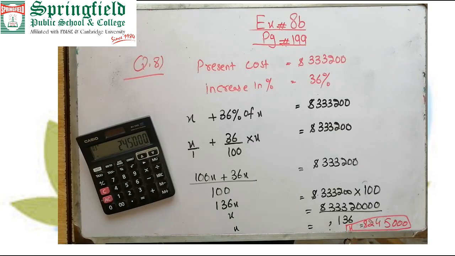And this is the starting cost. This was the starting cost. Understood, beta?